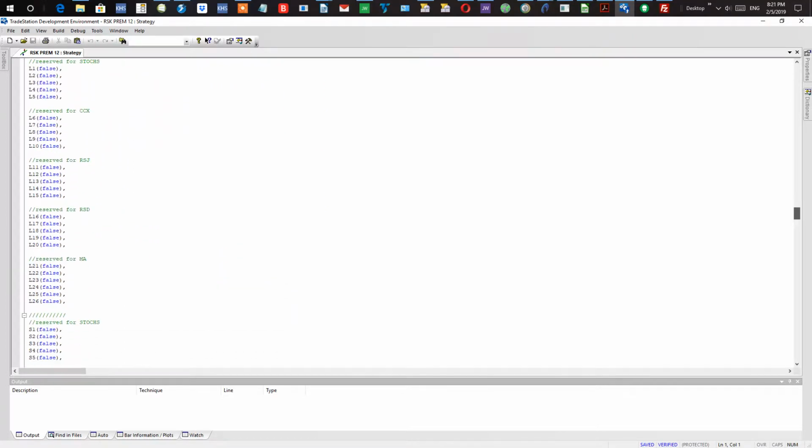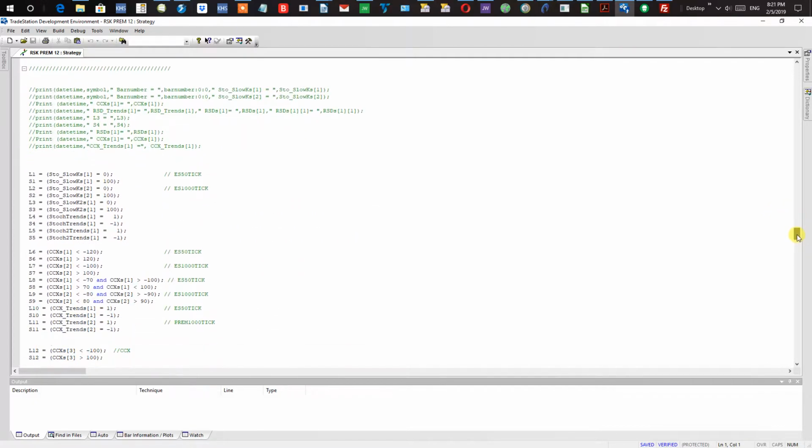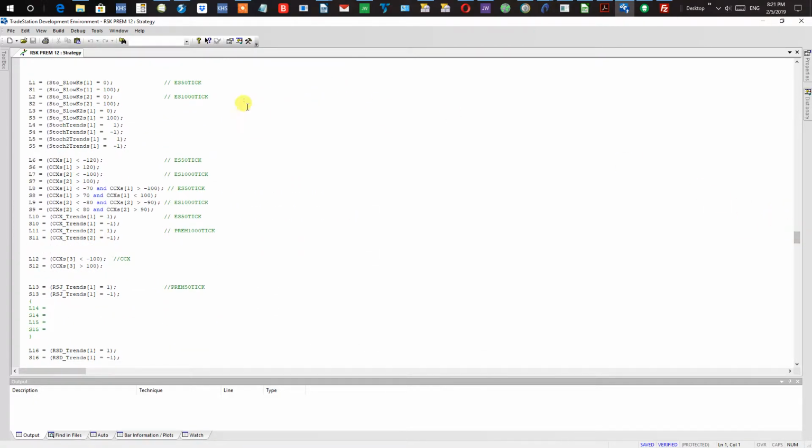We have 26 different particular conditions that can be written according to the individual desires of the trader. In this section of the code, for example, we utilize our stochastics and set up specific trade conditions, such as when the stochastic is truly overbought or oversold, or what the trend of the stochastic is.